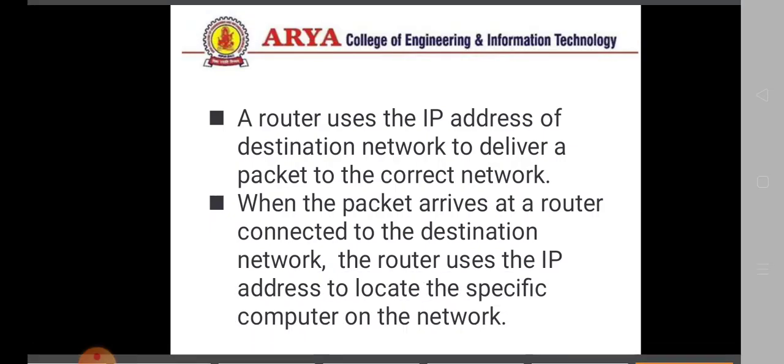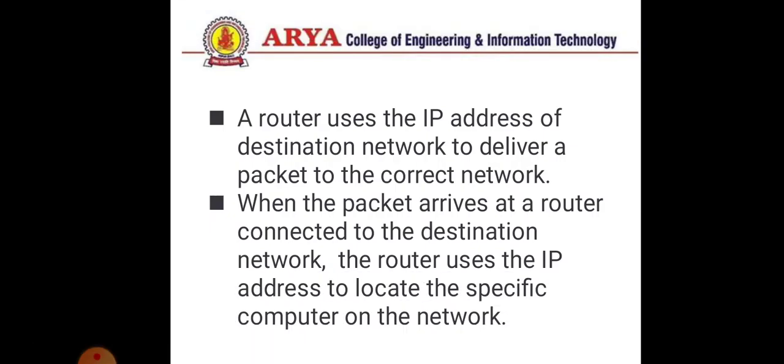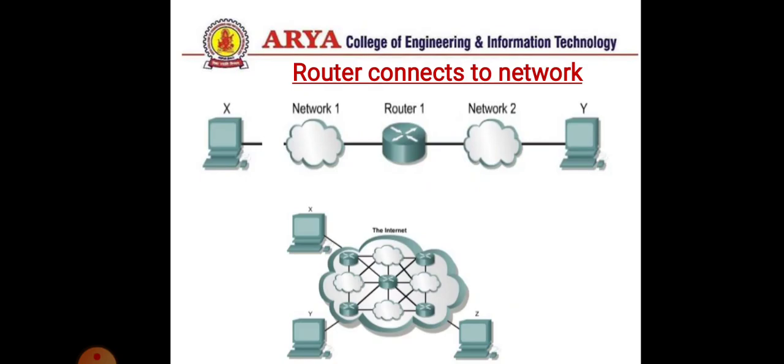A router uses the IP address of the destination network to deliver a packet to the correct network. When the packet arrives at a router connected to the destination network, the router uses the IP address to locate the specific computer on the network. This is the picture of how a router connects networks.